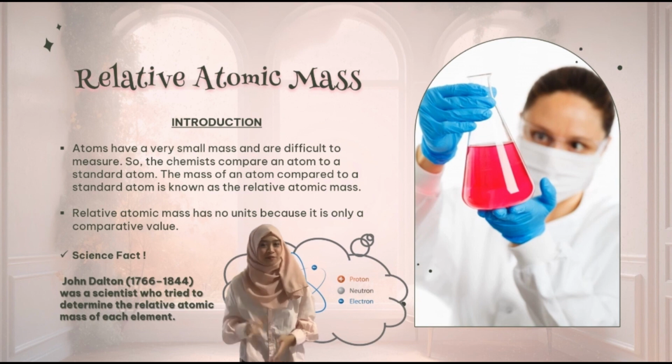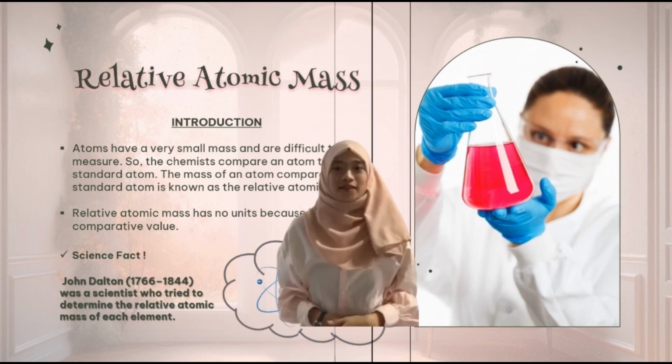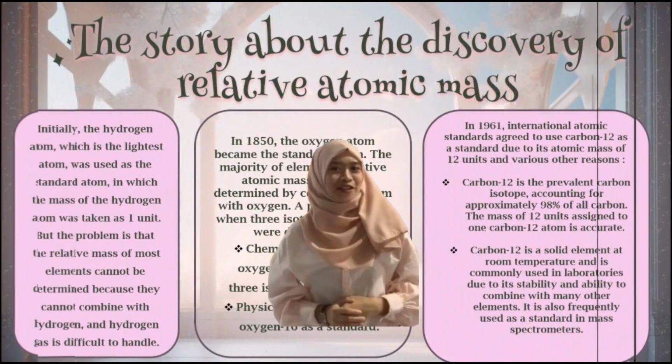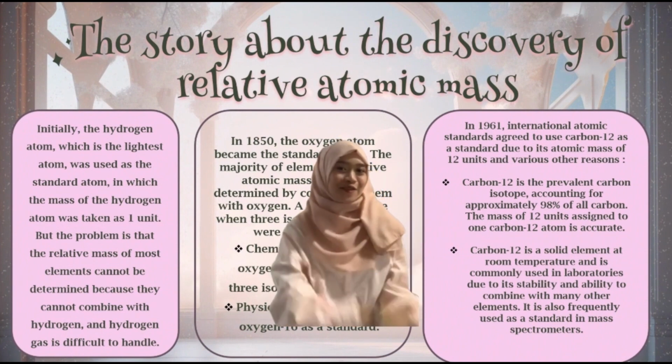Science fact: John Dalton was a scientist who tried to determine the relative atomic mass of each element. Interesting. Each element. So many. So, let's hear the story about the discovery of relative atomic mass. Let's go.